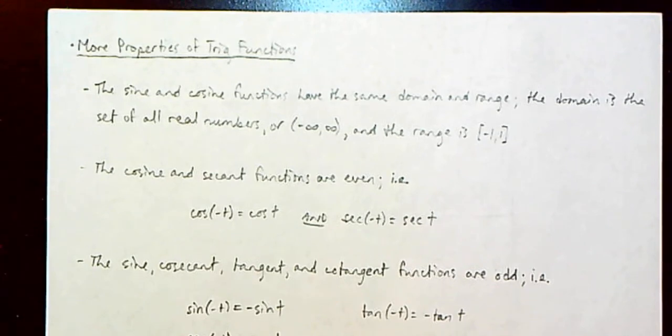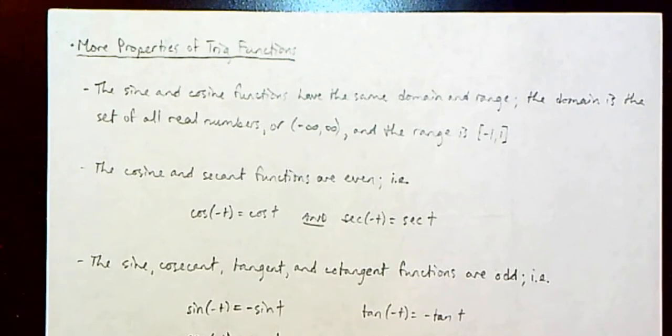So the domain of sine and cosine are all real numbers. The range of sine and cosine are all values between and or equal to -1 and +1.